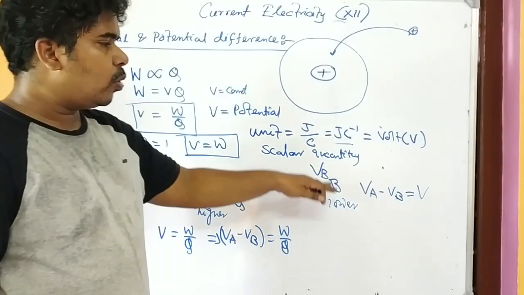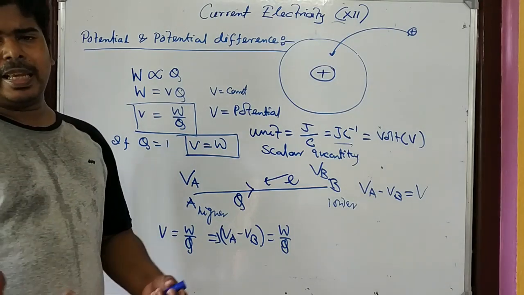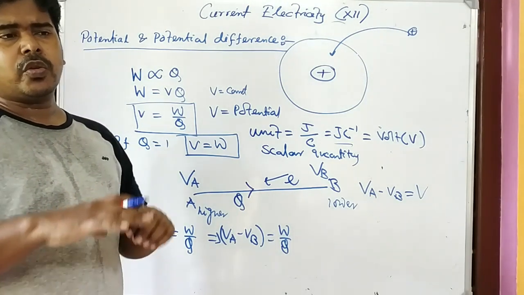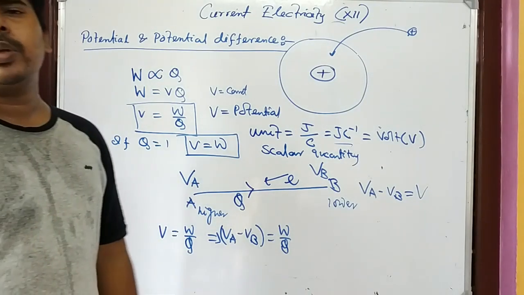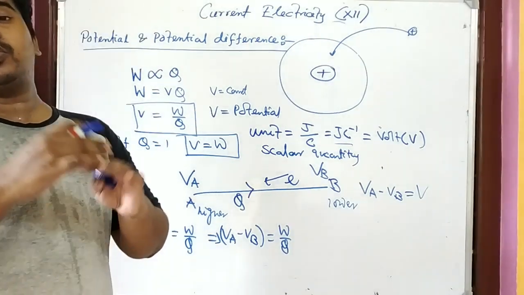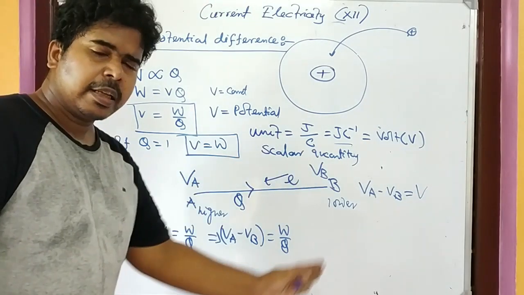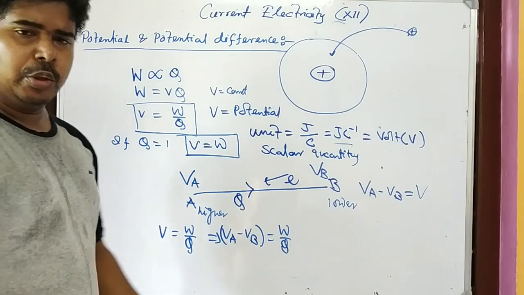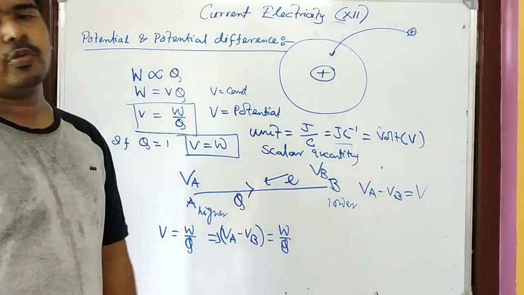And what is the lower potential we are talking about? Mainly we can say that there is a storage of negative charges, and in higher potential there is a storage of positive charges, and that's why this circle is continuous, and that's why we are able to get the current flow through a conductor.